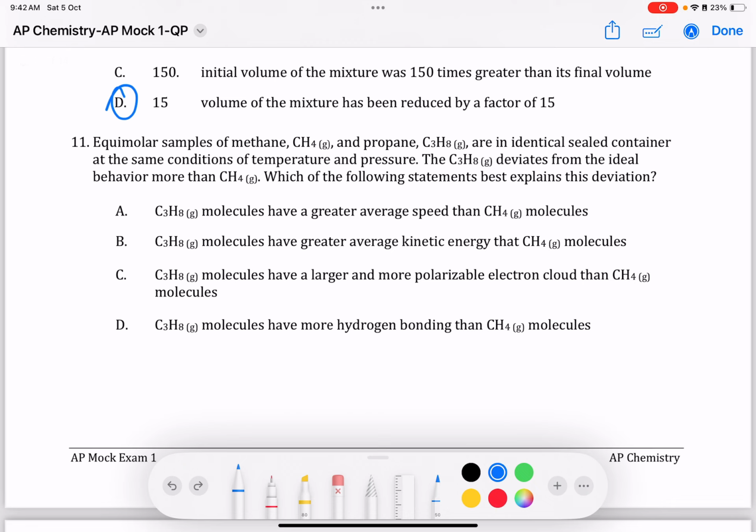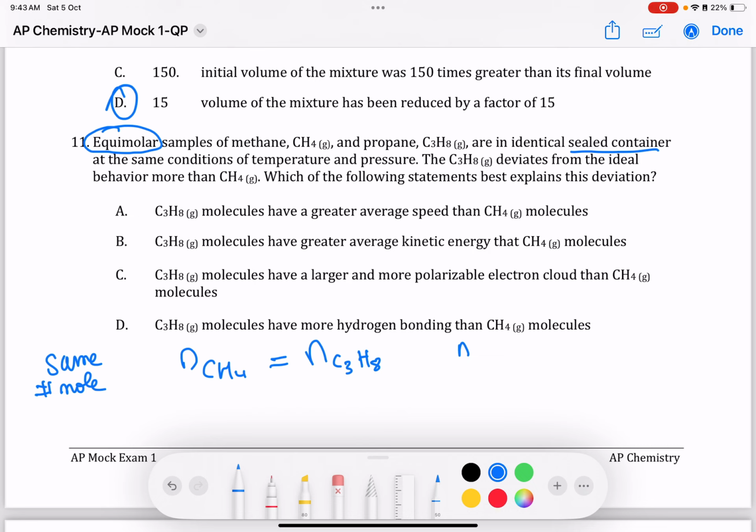Now, equimolar samples. Equimolar means I have the same number of moles in the samples that we have. So N of CH4 equals the moles of propane. They are in identical sealed containers.